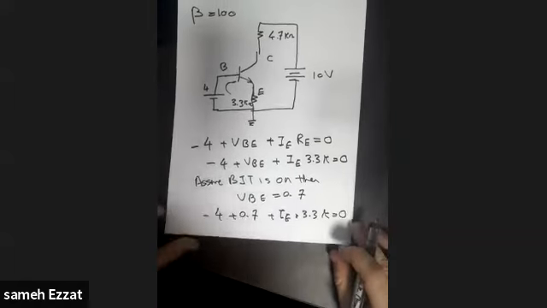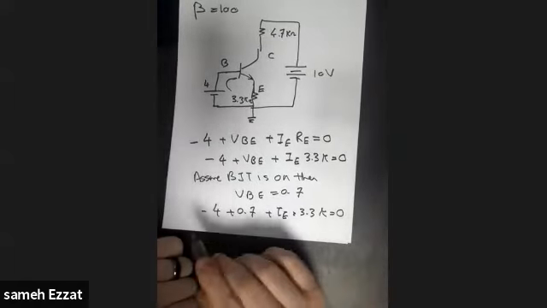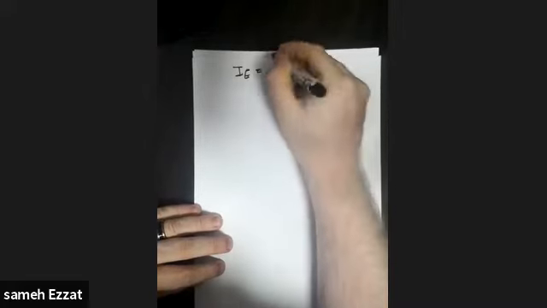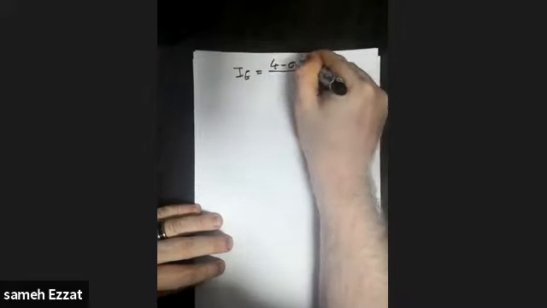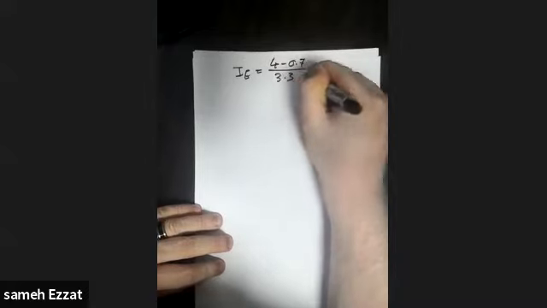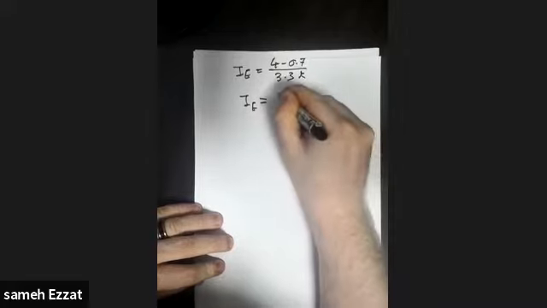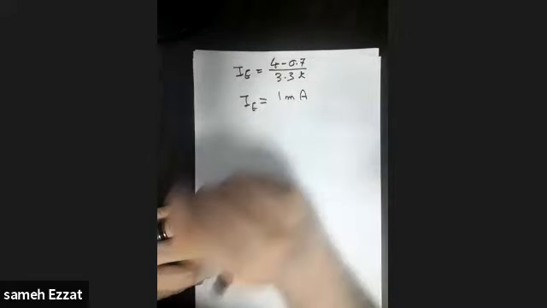Here you have one equation with one unknown. The unknown is IE. You can simply calculate IE. You can say IE equals 4 minus 0.7 over 3.3 K. So IE is simply equal to 1 milliampere.